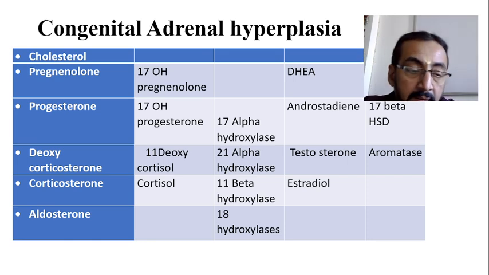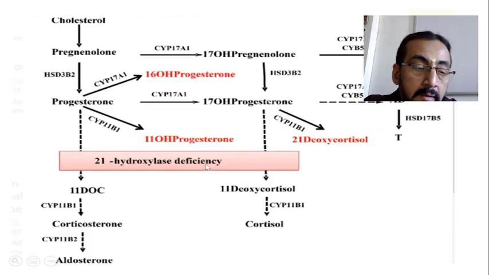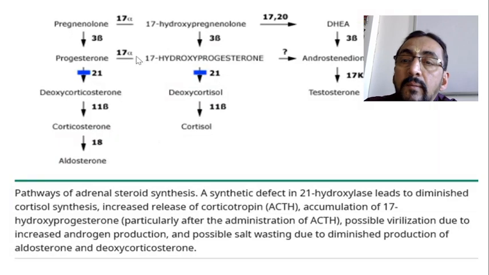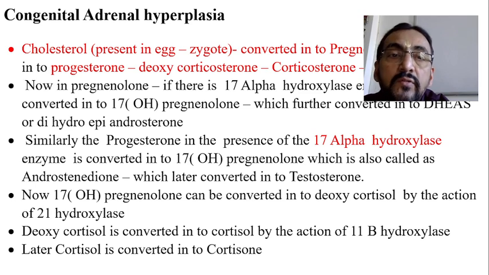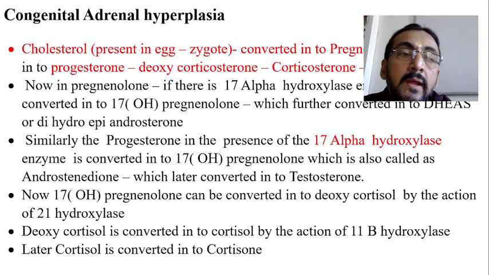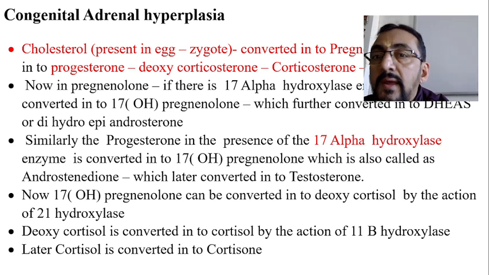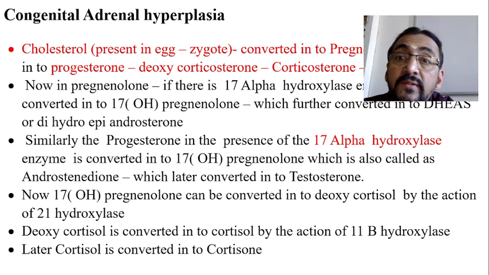Then this we will see now. So cholesterol is converted, as I told, into pregnenolone, that is converted into progesterone, then into deoxycorticosterone, and from the corticosterone there is production of aldosterone. Now what happens?